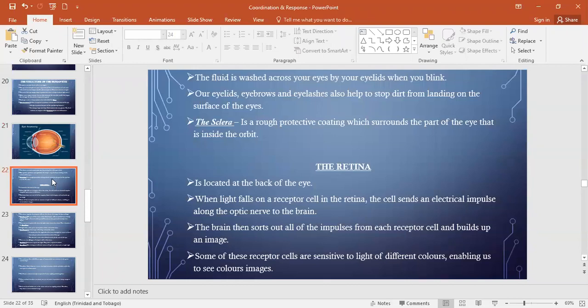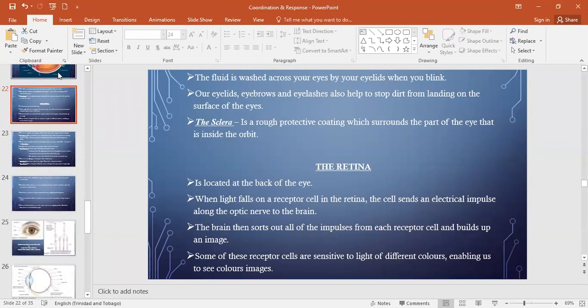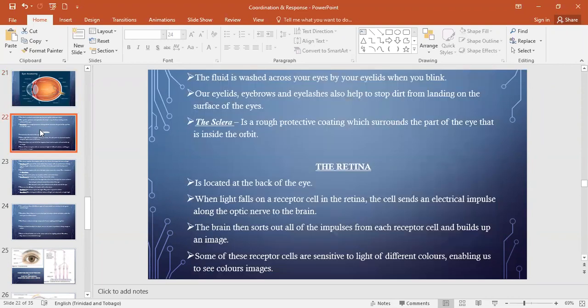So your retina, as we just saw, is located at the back of the eye. When light falls on receptor cells in the retina, an electrical impulse is sent along the optic nerve to your brain.